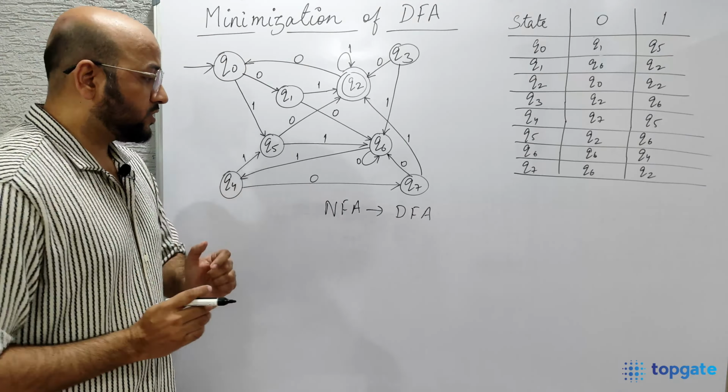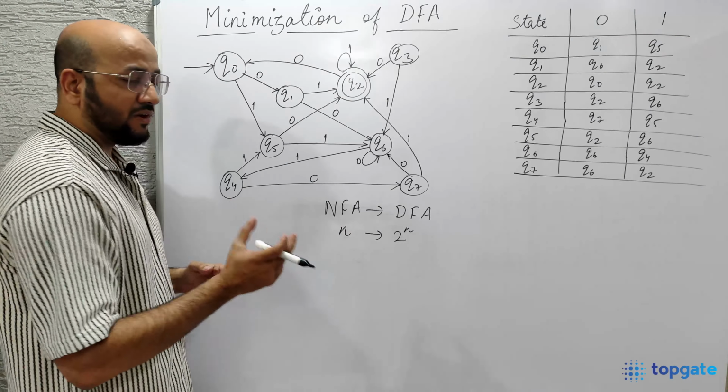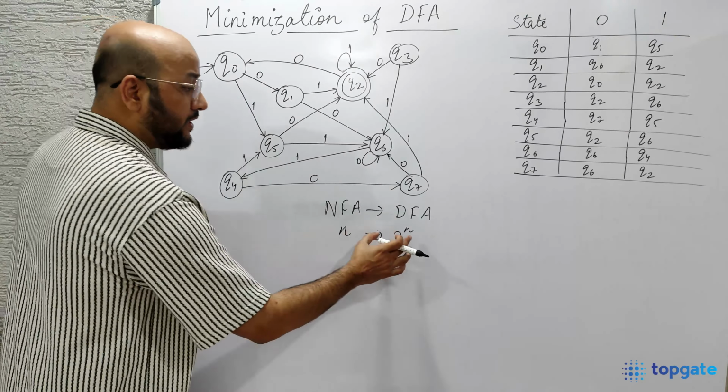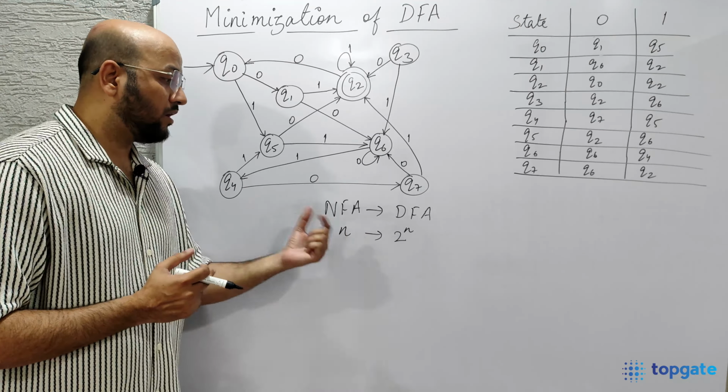Suppose for a problem I have made an NFA that contains n number of states. If I convert this NFA to an equivalent DFA, then the DFA will contain 2 to the power n number of states. So in the NFA we have fewer states, and in the equivalent DFA for the same NFA we have more states. So we can say that this DFA might be complex as compared to the NFA.